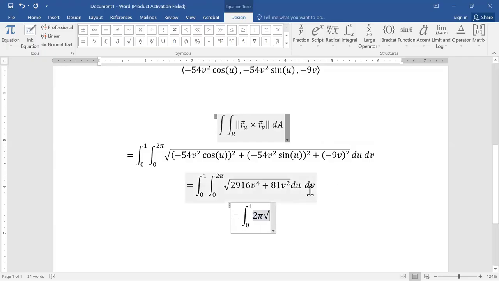And I'm going to do something. I'm going to factor out an 81 and a v squared. I'd put that in front. By the way, 81 v squared.